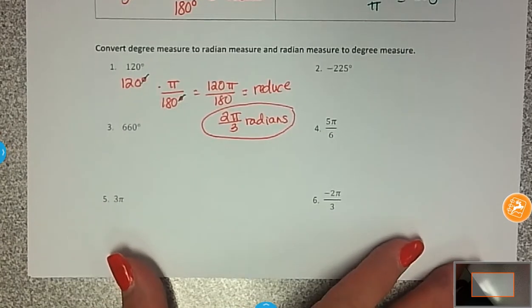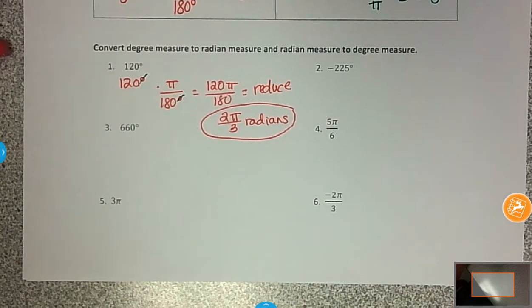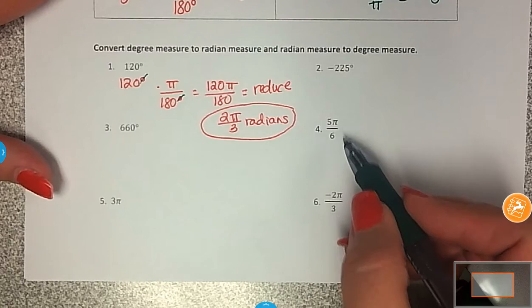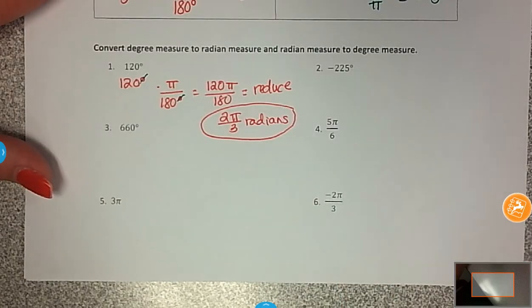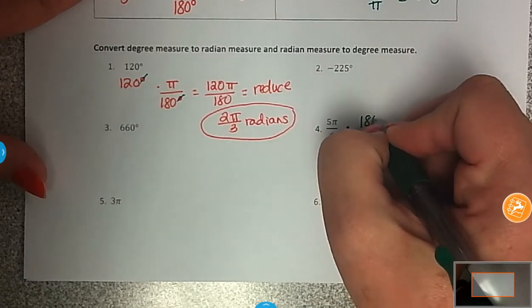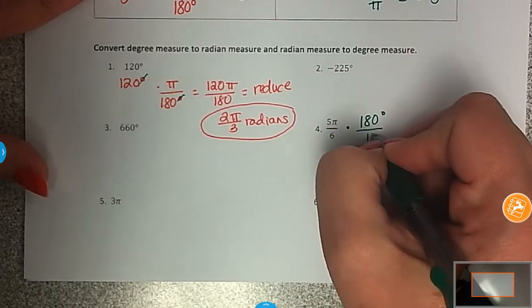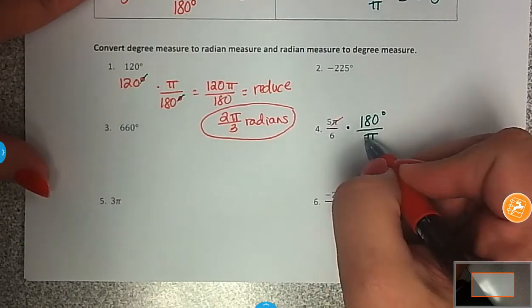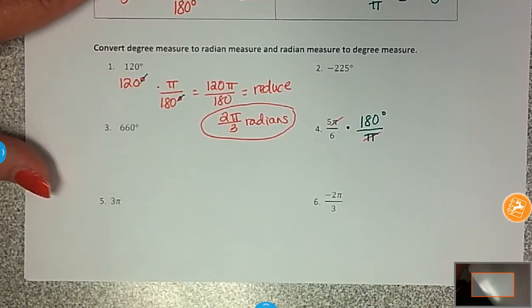So now, let's take a look at number 4. We'll do it together. So if I want to take my 5 pi over 6 radians and convert that to degrees, I'm going to multiply by 180 degrees over pi. So my pi on the top and the bottom will cancel.